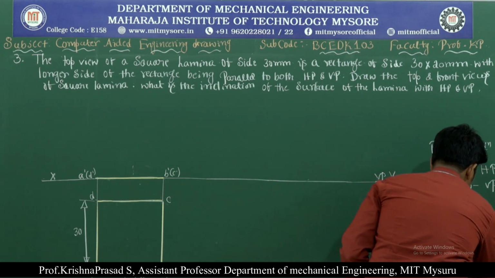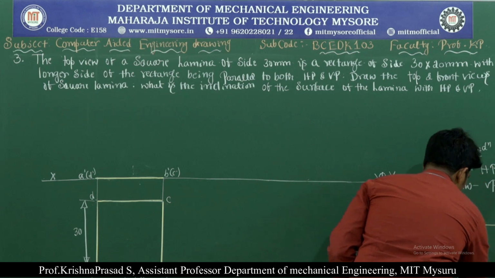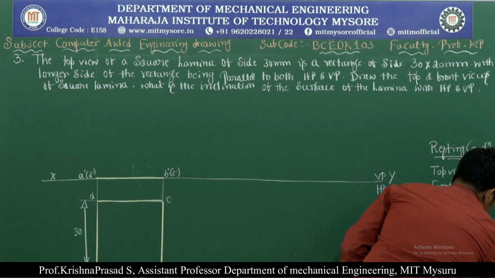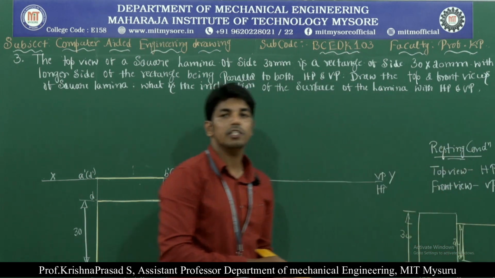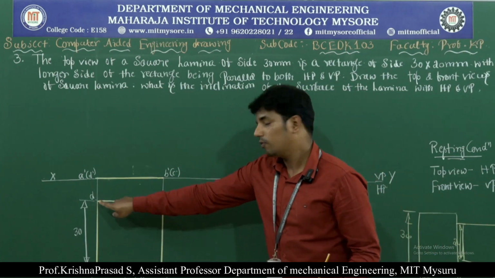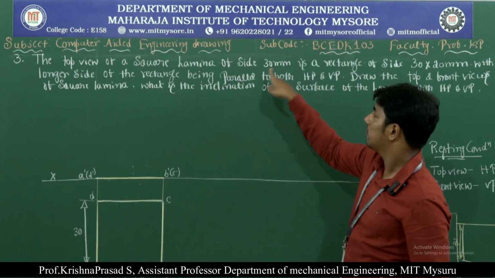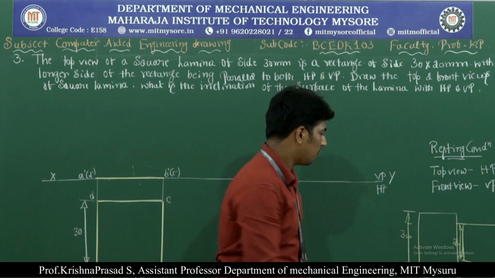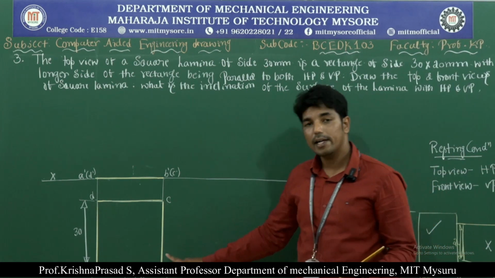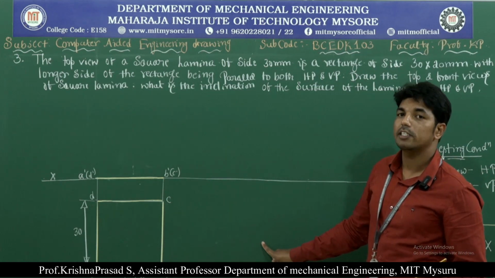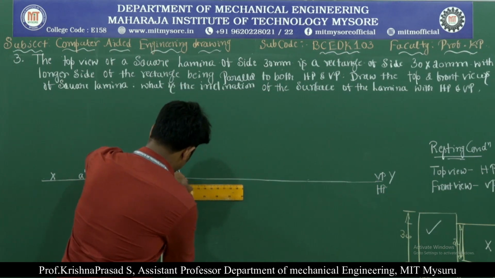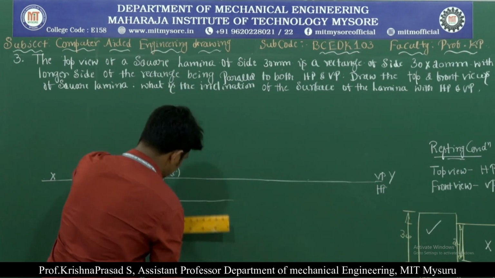Another is this side 20 and this side 30. Now which one do you need to select, the first one or the second one? Observe here, if the square lamina of 30 mm side has to be taken, then we need to select the first one instead of the second one. The square lamina in the top view looks like 30 into 20 mm. So draw the projection lines.